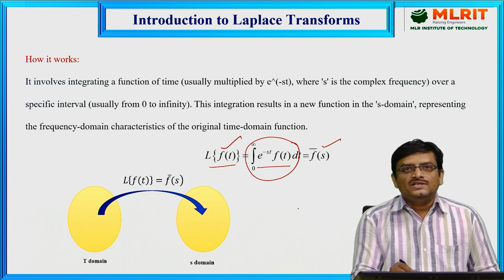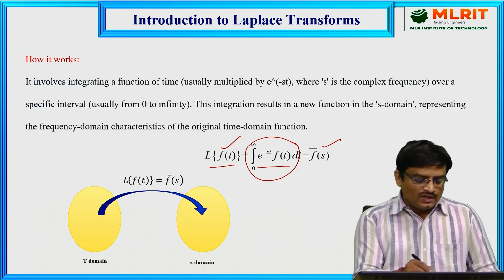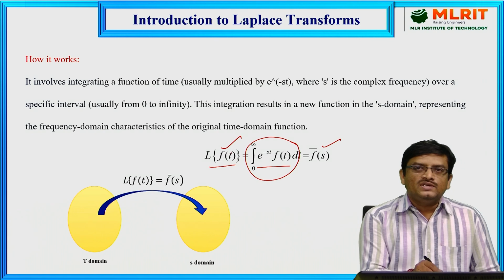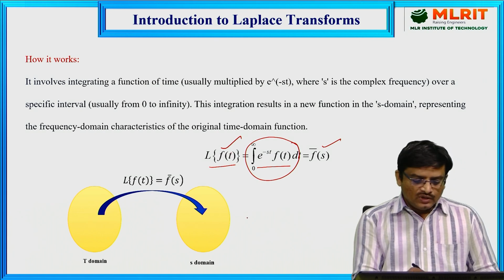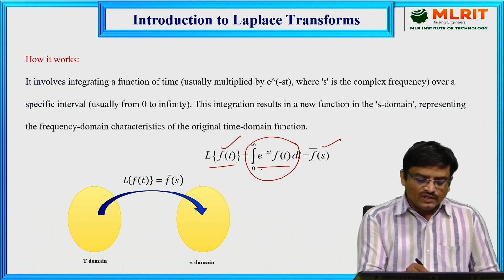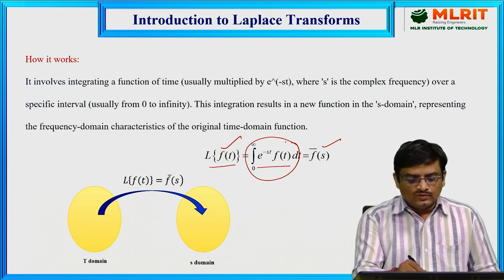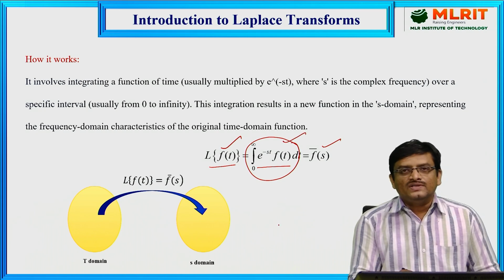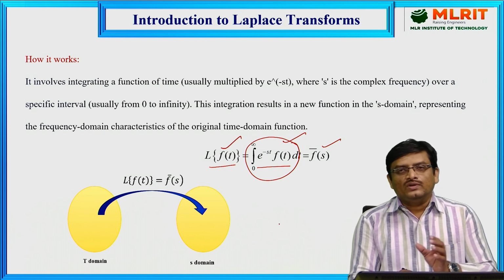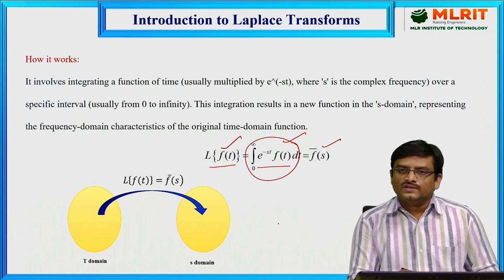Here s represents real or complex numbers, and t represents the variable which is in the time domain. We will take the help of this integration and convert that function f of t into the function f bar of s.